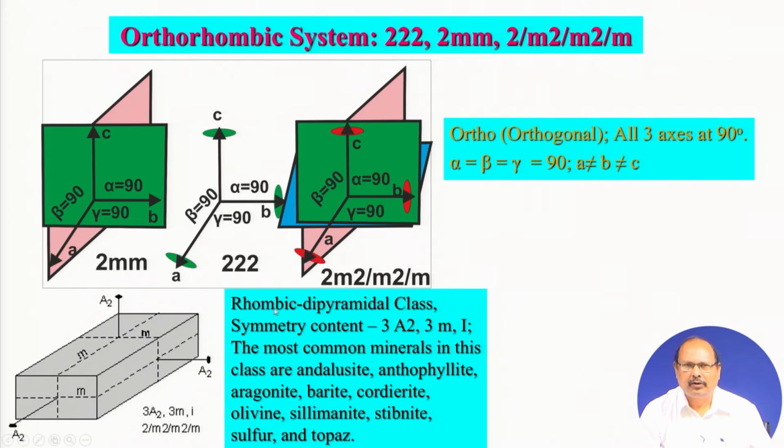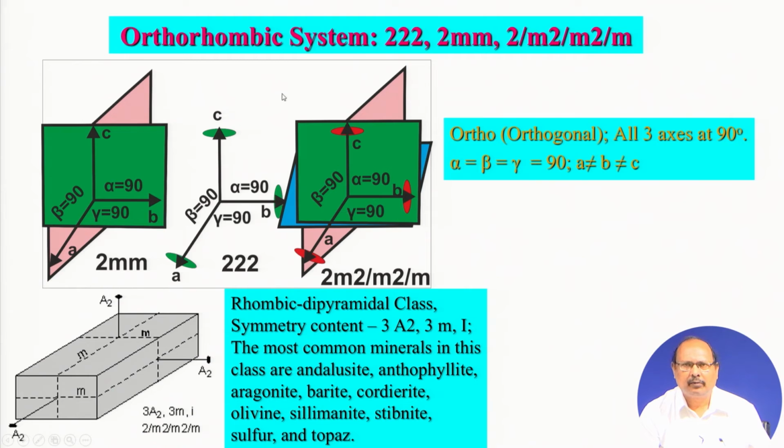So, this is called the rhombic dipyramidal class here, and we have already studied it. I have repeated here, there are three two-fold axes of symmetry, three mirror planes, and there is also a center of symmetry here. What are the common minerals? They are andalusite, anthophyllite, aragonite, barite, cordierite, olivine, sillimanite, stibnite, sulfur and topaz.